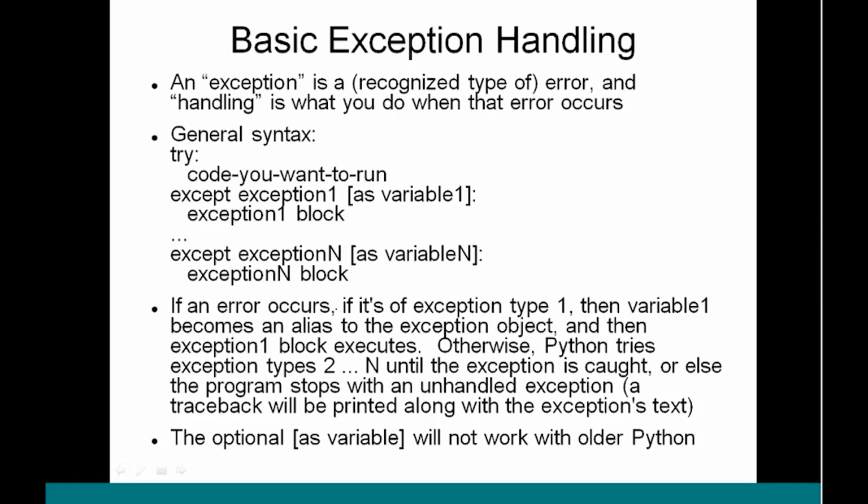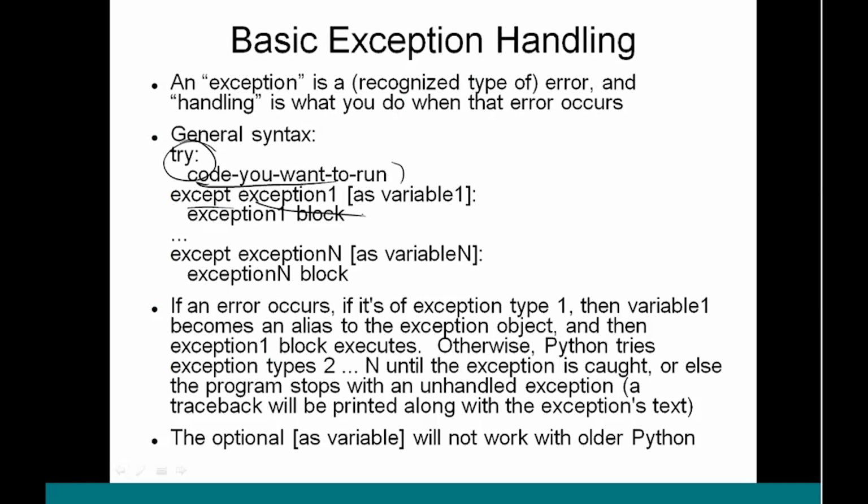So the general syntax of exception handling is this call called try. Very similar to a function, but it's not a function, it's a predefined construct. Basically what we say is try the code you want to run, except what are the exceptions.